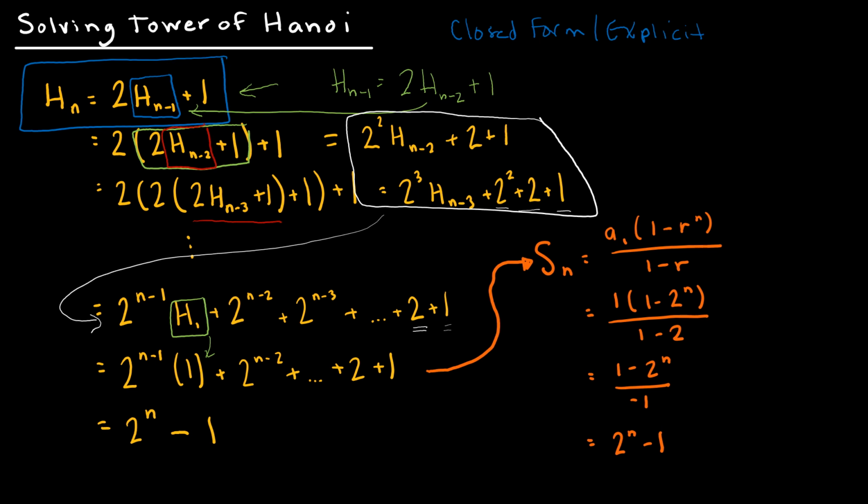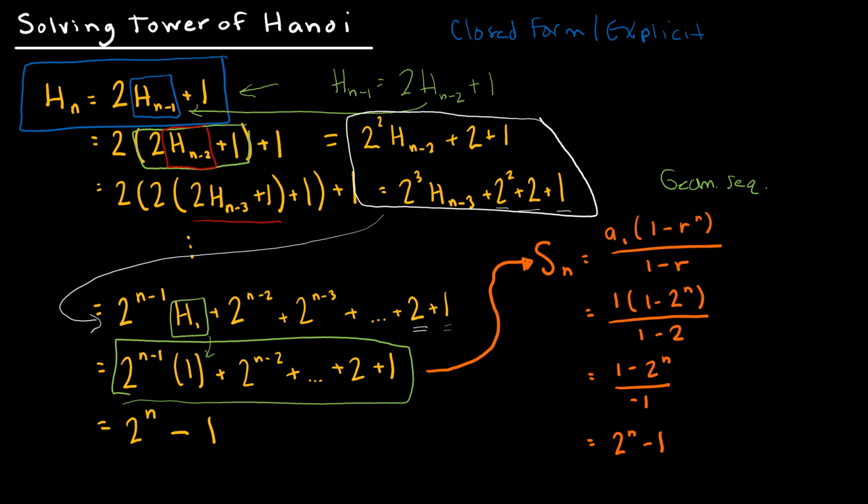So now what I'm looking at is that I have 2 to some power, and that power is continually decreasing. Well, what I know about a sequence like that is that it's a geometric sequence. That's this. And I'm just going to use the formula for a geometric sequence to simplify all of this.